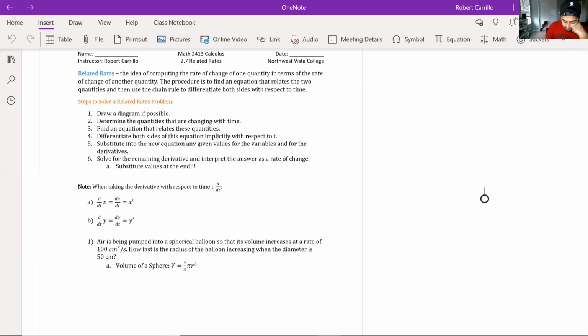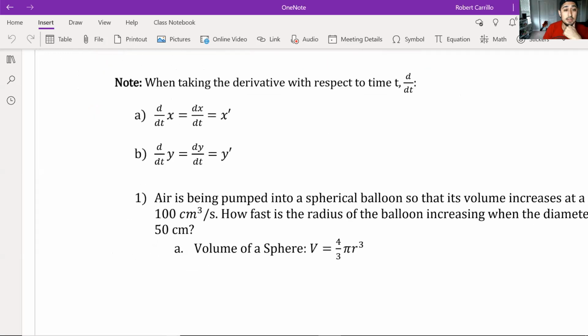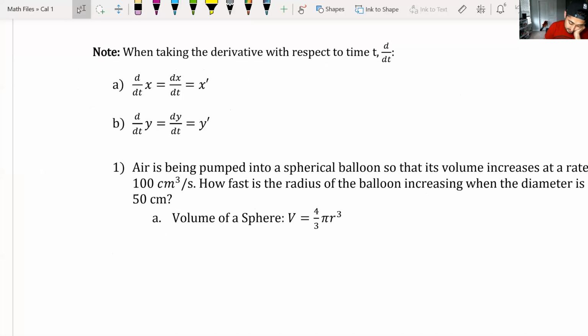Notations down here. So here we are taking the implicit derivative with respect to time, d over dt. So in the book, in your homework, possibly the notations will be noted as d over dt of x is dx over dt, or as we like to keep it simple, x prime.